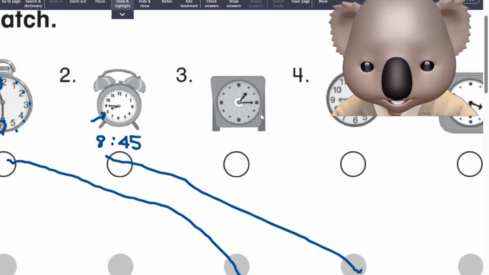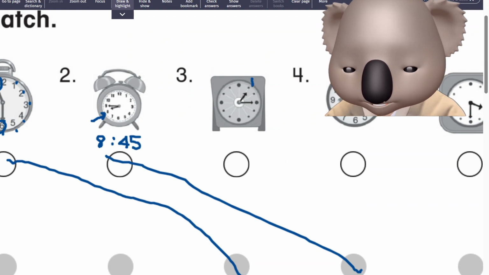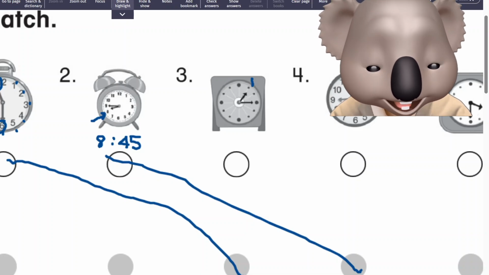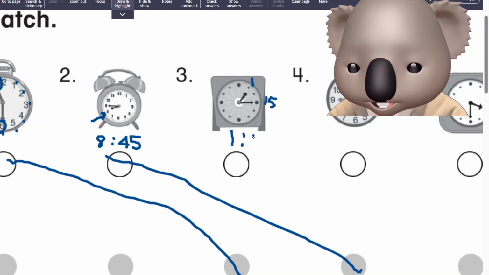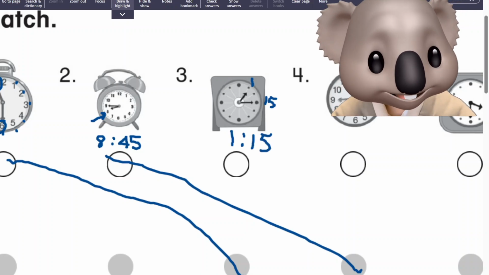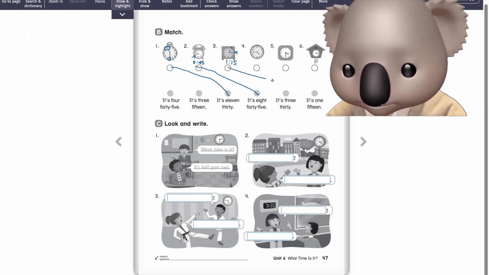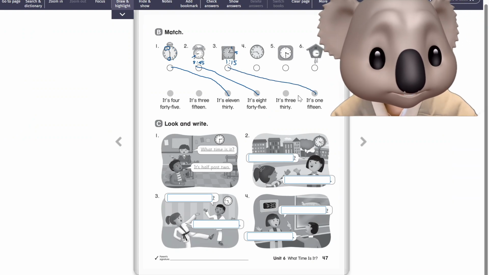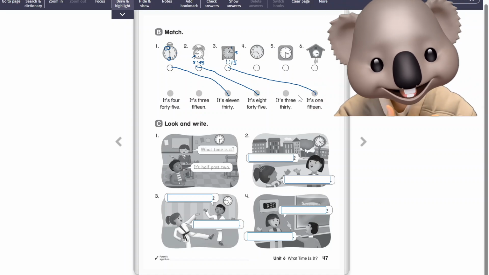For number 3, we can see that the shorthand is at the 1 and the long hand is at 5, 10, 15. The time is 1:15. Right here. For numbers 4, 5, and 6, I would like you to do it on your own and we'll check your answers.